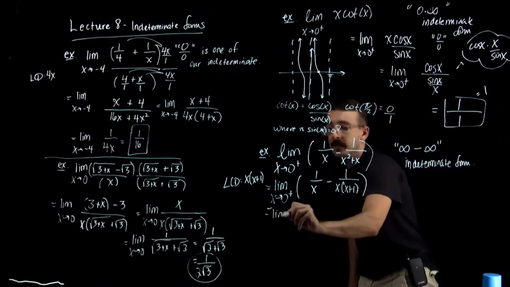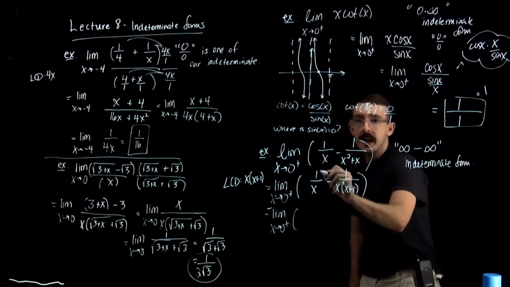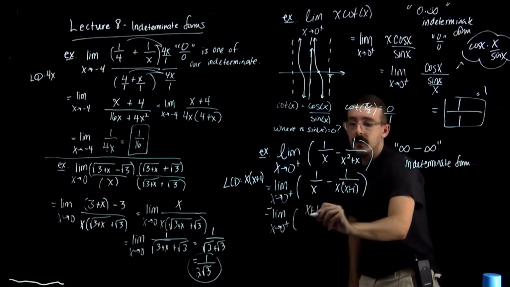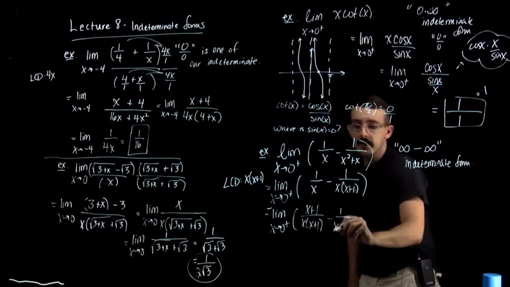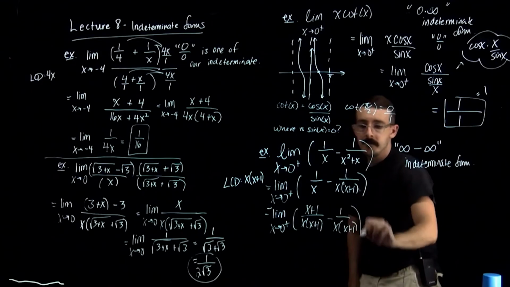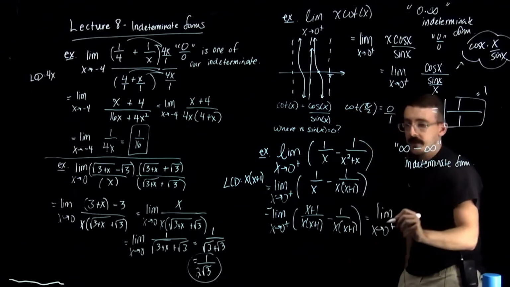So I'm going to do limit as x goes to 0 on the right. Multiply this by x plus 1 over x plus 1, and leave the second fraction alone. This is equal to the limit as x goes to 0 on the right.